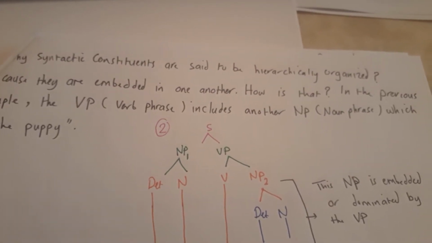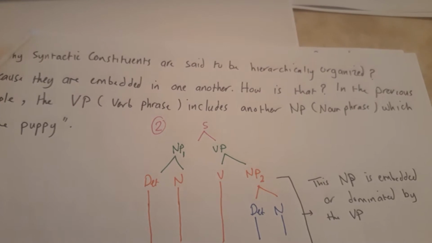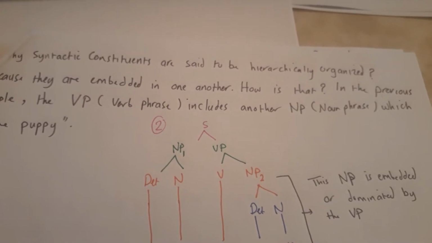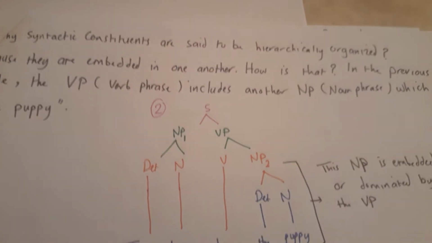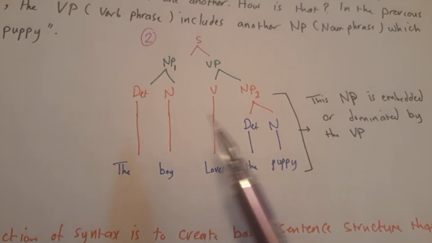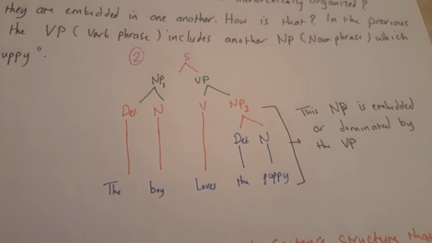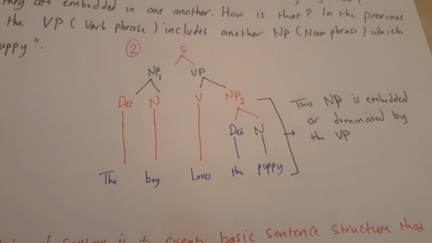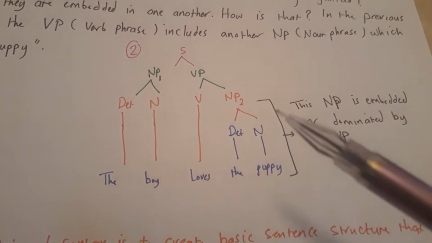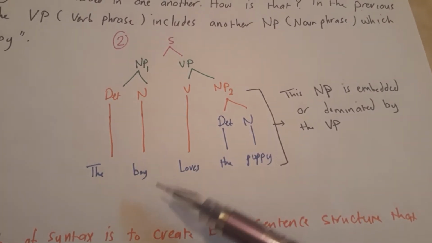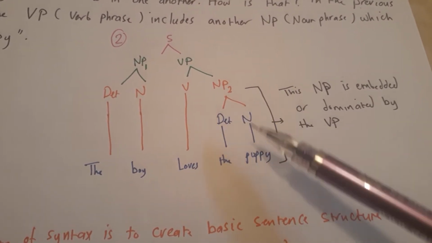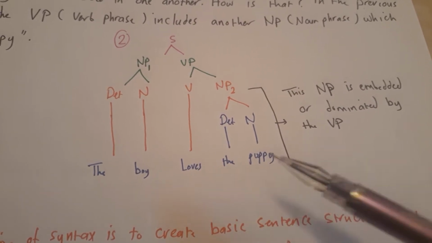So, why are syntactic constituents said to be hierarchically organized? Because they are embedded in one another, زي ما انتو شايفين يعني. Now we have two NPs in this example. The boy loves the puppy, right? We have NP1 and NP2. In NP1 we have the determiner and the noun. The same case we have in NP2: we have determiner and noun.